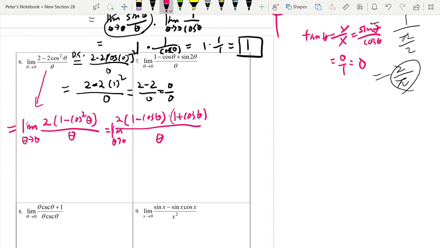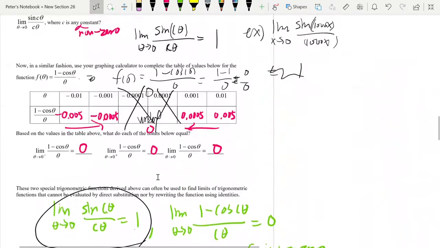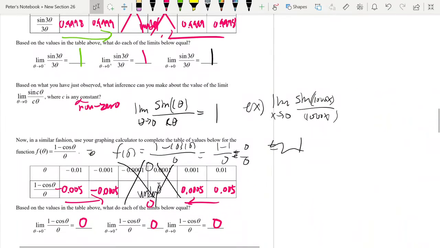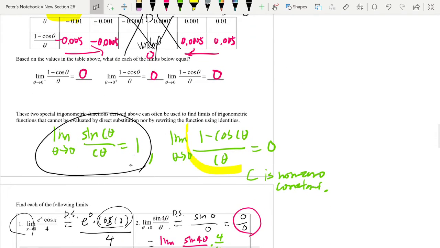And how is this going to help me out? Again, at first it's hard to spot, so it comes with experience. But when I look at this, folks, 1 minus cosine theta over theta looks awfully similar to what we went over earlier. And we established that the limit of 1 minus cosine c theta over c theta as theta approaches 0 will always equal 0.